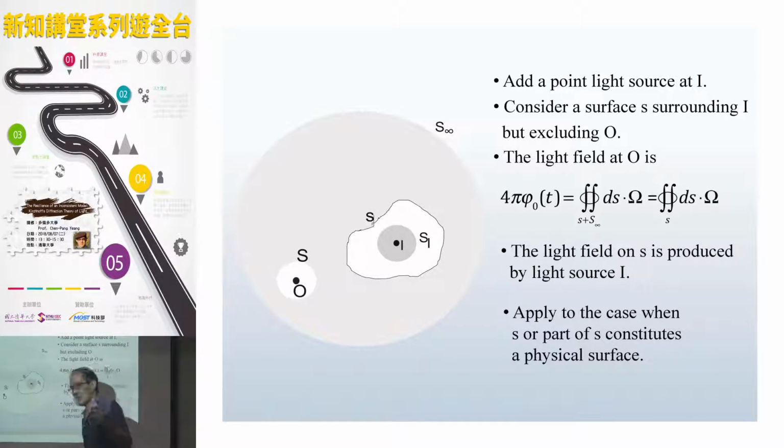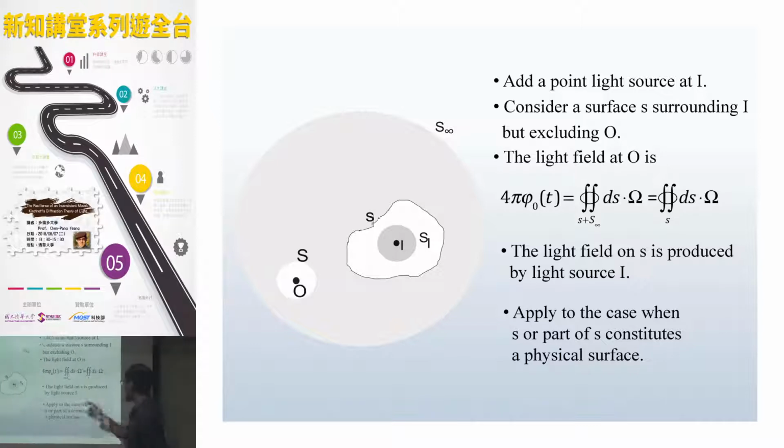In other words, in Kirchhoff's expression over here, how do we get the field intensity at the point of observation O? First, we consider the fields emanating from the point source I, and then calculate the light intensity on all the points on S, and then we do the integral over all points on S with respect to O, and then we get the result, which is what this says.